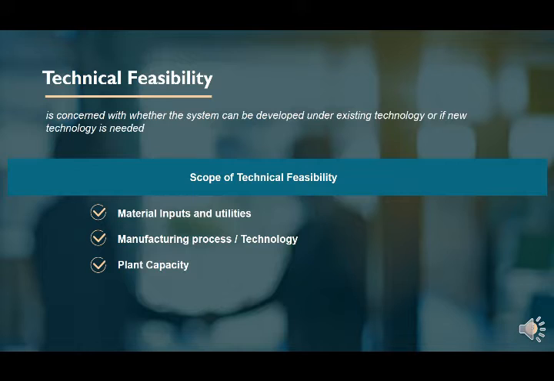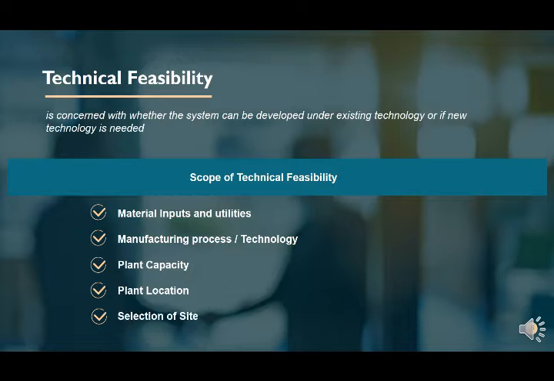Third, plant capacity. Plant capacity is also called production capacity, which refers to the volume or number of units that can be manufactured in a given period. Fourth, plant location refers to a fairly broad area where the enterprise is to be established, like a city, industrial zone, or coastal area.